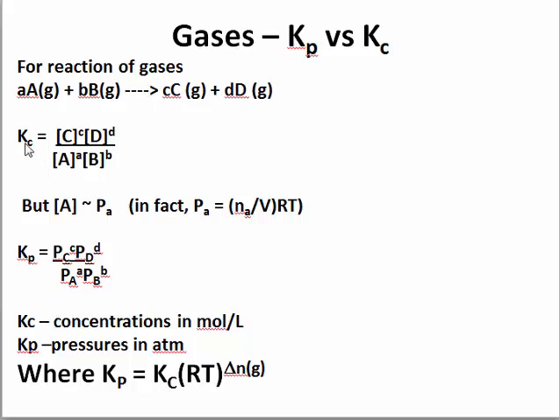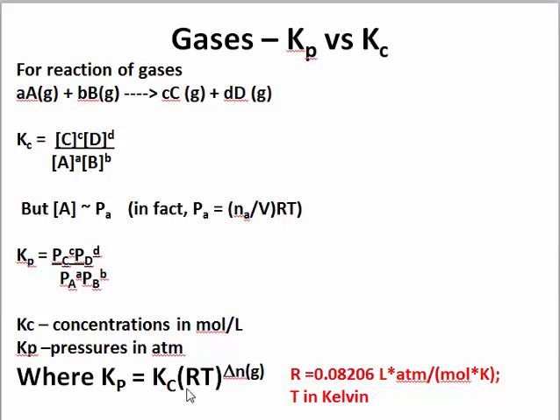Whereas Kc involves concentrations in moles per liter, Kp involves pressures in atmospheres. And the relationship between Kp and Kc is Kp is equal to Kc times RT to the power of delta n. Delta n here is the change in moles of gas.